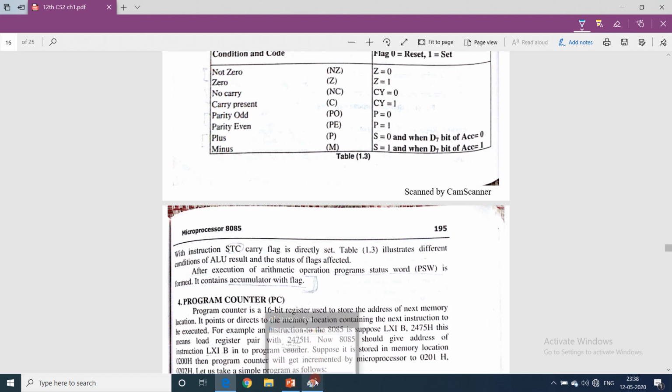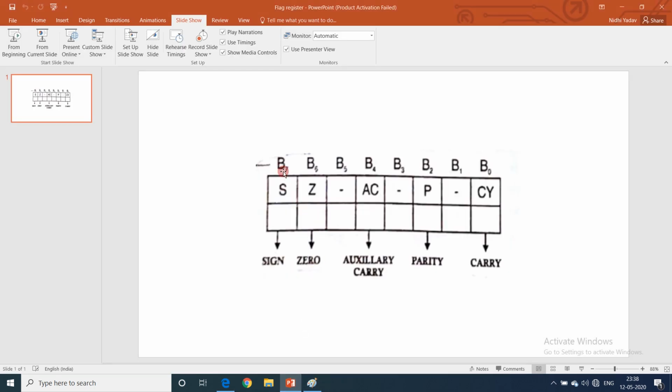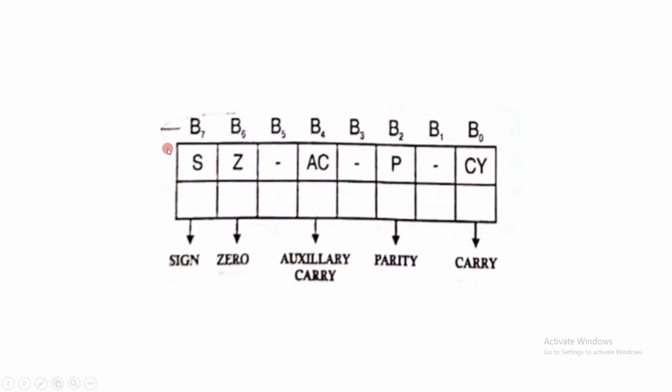One thing I want to explain is, just see this. These are the bits. For example, here sign flag is 1, Z flag is for example 0. If nothing is there, it is not used, it is of course 0. Auxiliary carry is 0.